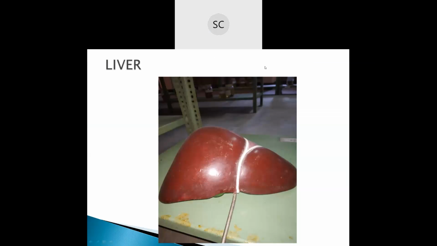The liver is the second largest organ after the skin in the human body and the largest gland. It has an average weight of 1500 grams. There are four lobes: right lobe, left lobe, and caudate lobe.